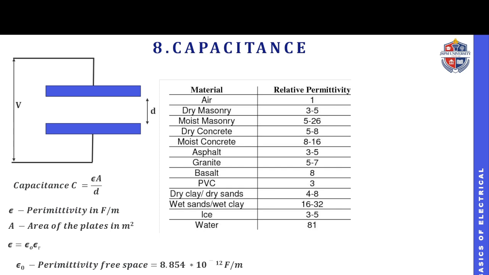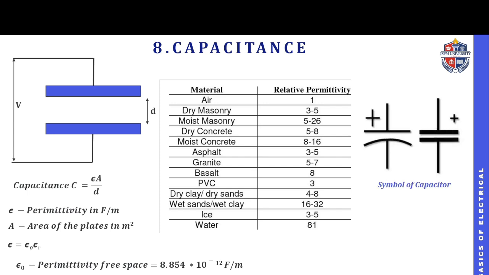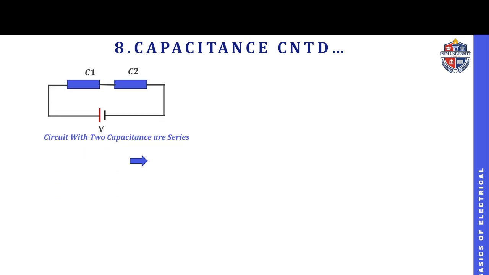Normally the symbolic representation of the capacitor is like this, positive on top and negative below. We can use the symbol either way. This is for your understanding of how the capacitor is used. When capacitors are connected in series, for convenience I am taking a box, which in electrical we call an impedance. Assume this impedance has only capacitance.